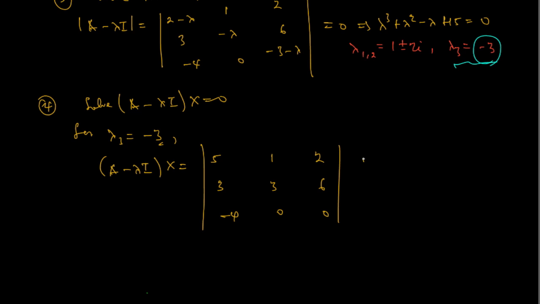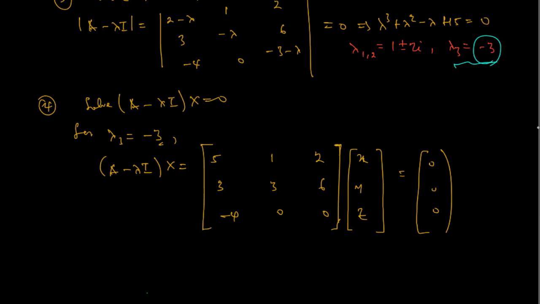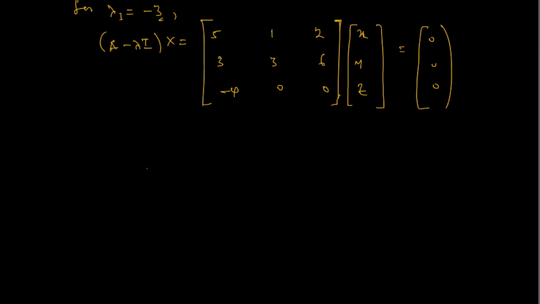So we have this. It's actually brackets, so it's not a determinant, times x, y, z. So this is what we want to do. Now equals 0, 0, 0. So we want to solve for x there.